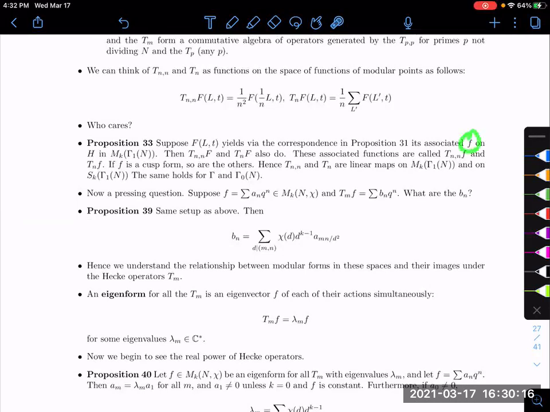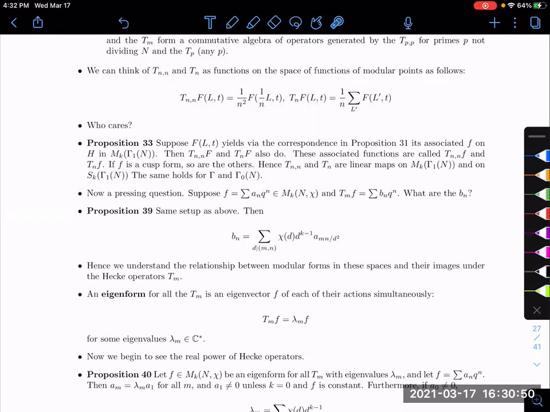Let's suppose that little f is a modular form for gamma sub 1 of N. Then it turns out if I act on this f with T sub n comma n or with T sub n, I'm also going to get a modular form in the same exact space. It's like Hecke operators preserve modular forms, if you had to boil this down to just a simple statement.